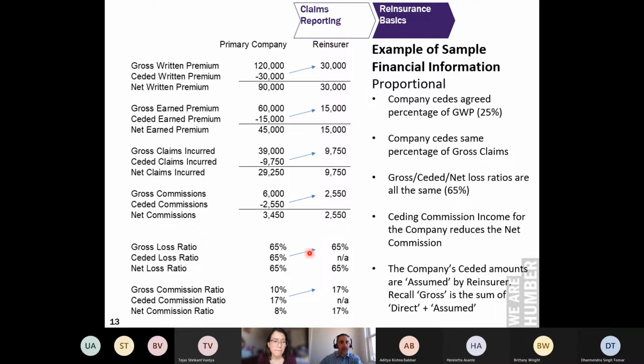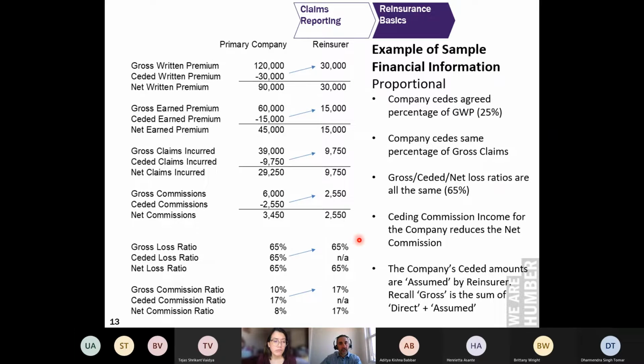Okay, so you could do the math, but the gross loss ratio of gross claims over gross earned is 65%. You're ceding out 65%, so your net loss ratio is still 65%. Ceded claim ratio would be the 9,750 divided by 15, and the net is your net claims over your net earned.